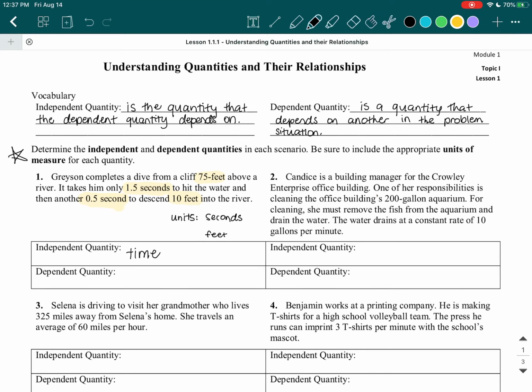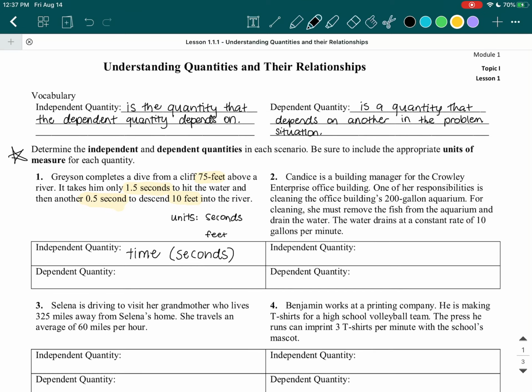Time is completely independent. It happens whether we like it or not. Time is always the independent quantity in situations. And we already identified the unit for time, which was seconds. Okay? Anytime you see time, independent, automatically. I will be very disappointed if you put time in the dependent quantity, okay? I am telling you now, time is always independent.